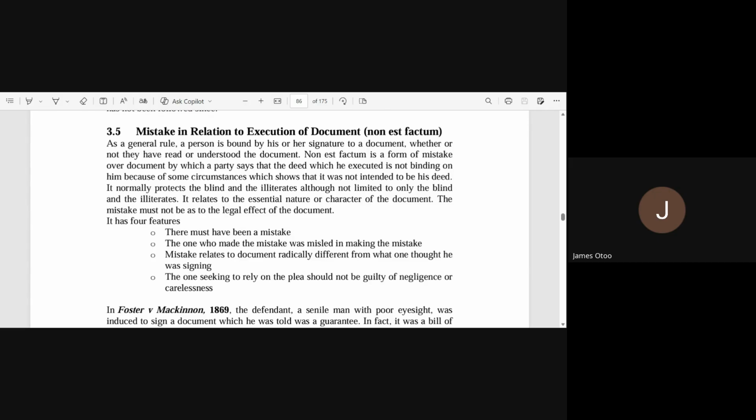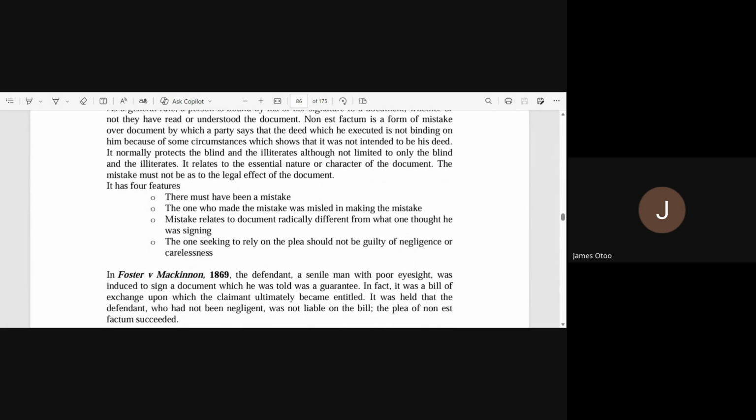Now, to be successful on the defense of non est factum as mistake, you have to prove that there has been a mistake, and the one who made the mistake was misled in making it.